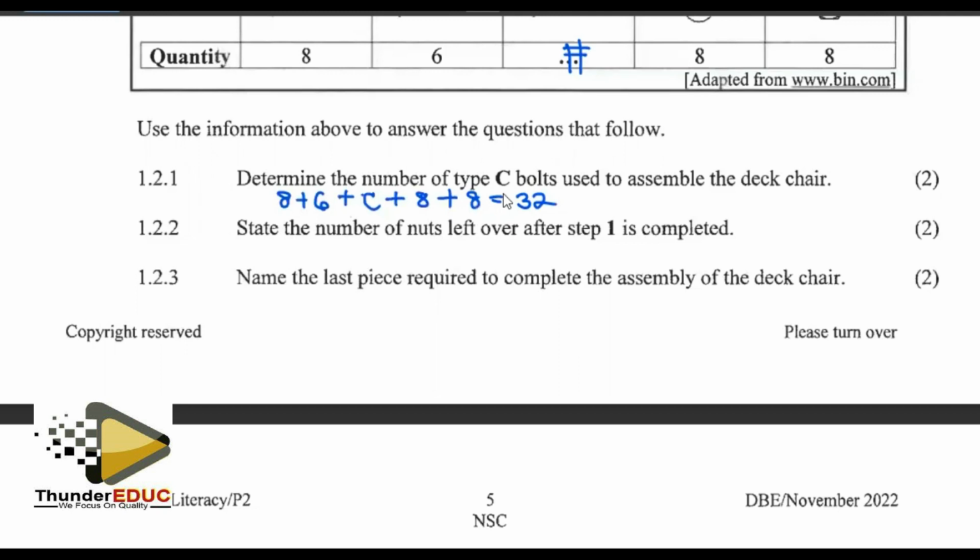This simply means we have got 30 pieces, plus C should give us 32. But when you add 30 plus C, you get 32, so our C is supposed to be 2.